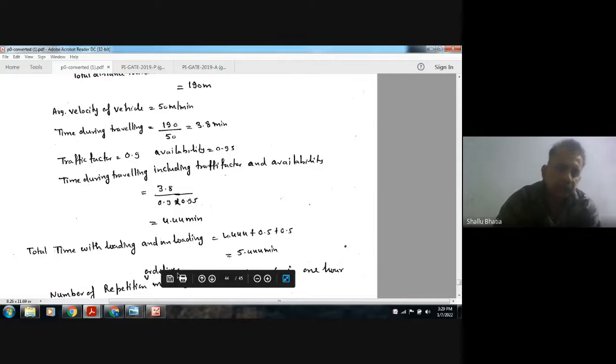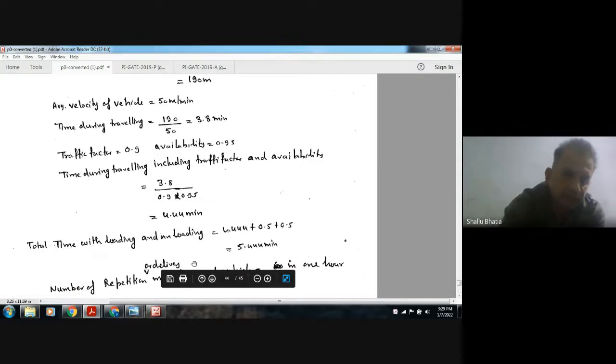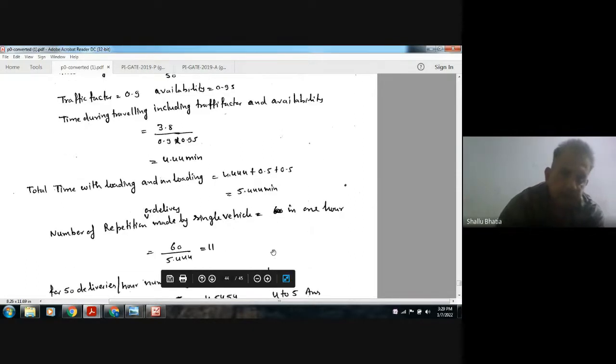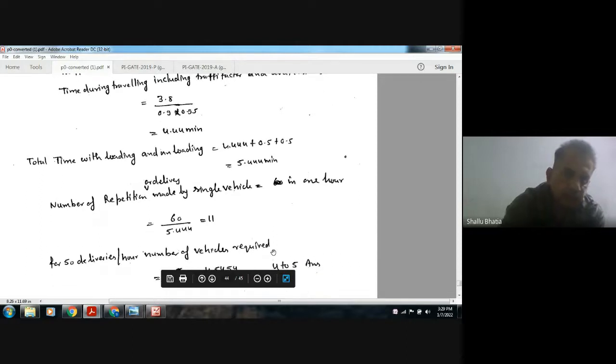Now there is also loading and unloading, and for both loading and unloading, 0.5 minutes takes place. So the total time during this circuit will be 5.44 minutes.